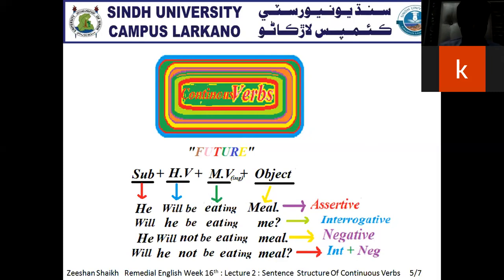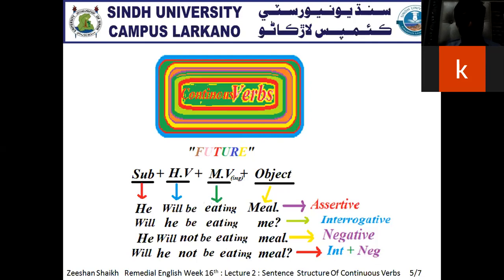Whenever we write the assertive sentence, the subject, as usual, comes first, that is he. Second, the helping verb, which is will be, and third, eat with the ing form, eating. At the last, definitely meal. Clear? That becomes an assertive sentence.